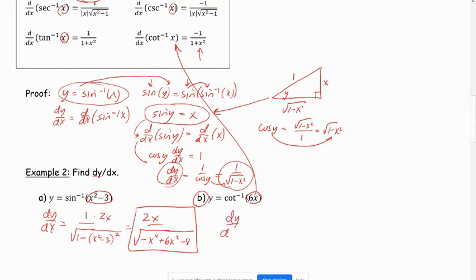So the derivative dy/dx in this case is equal to negative 1 over 1 plus, normally it's x squared, but in this case it's going to be 6x squared, which means we have to apply the chain rule and take the derivative of the inside also, which is 6. And so our final answer then is negative 6 over 1 plus 36x squared.